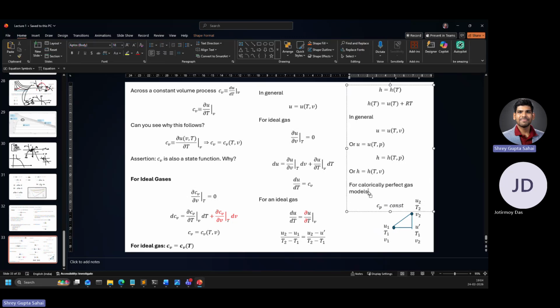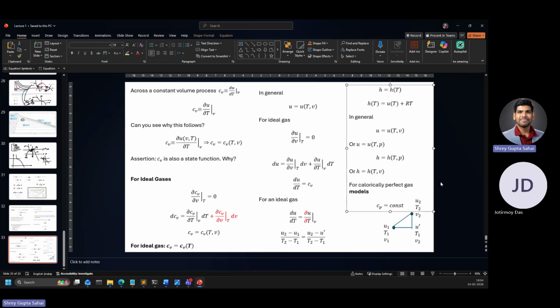Now the important thing is I have mentioned models because, as we discuss, Cv is generally a function of T. Then what is this class of gases for which Cv will be constant? Cv cannot be constant because temperature will vary. So we should note that this is a model.